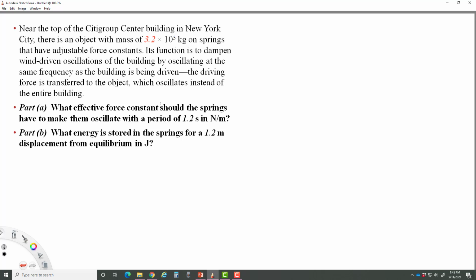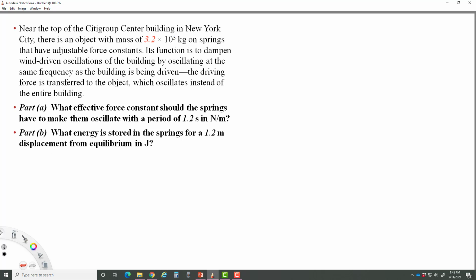The driving force is transferred to the object, which oscillates instead of the entire building. What effective force constant should the spring have to make the oscillation with a time period of 1.2 seconds in Newton per meter? What energy is stored in the spring for 1.2 meter displacement from its equilibrium? Okay, so this is pretty straightforward if you know the equation.